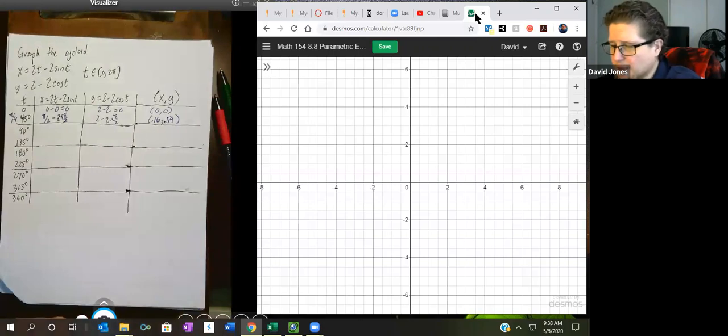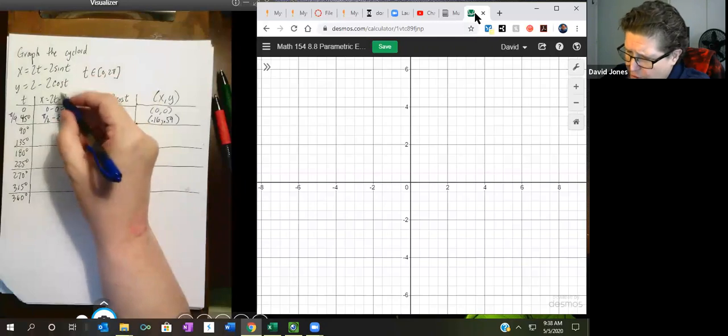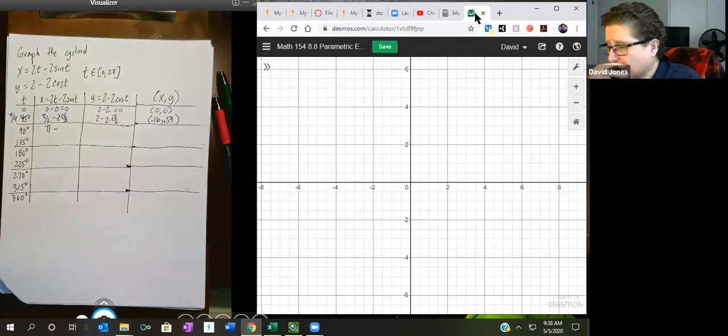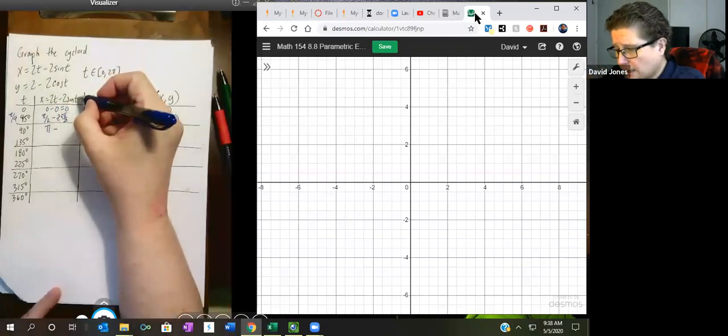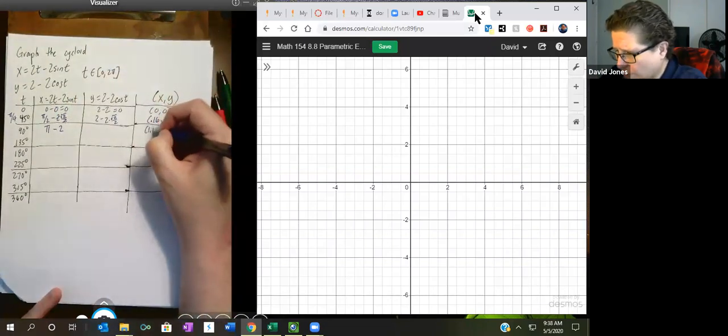90 degrees is pi over 2. So the x value is 2 times that, which is pi, minus the sine value at 90, which is 1. Pi minus 2 is about 1.14.